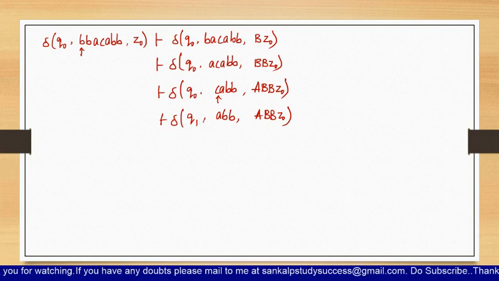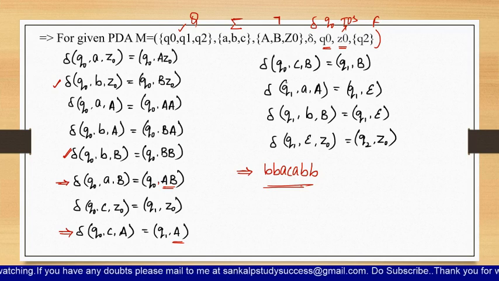Now we check whether there is a move for Q1, small a and capital A. Yes, there is a move, and our move is Q1 comma epsilon. Here epsilon means popping one element from the stack. Which element do you pop?